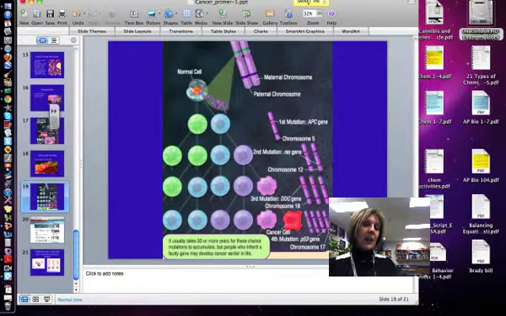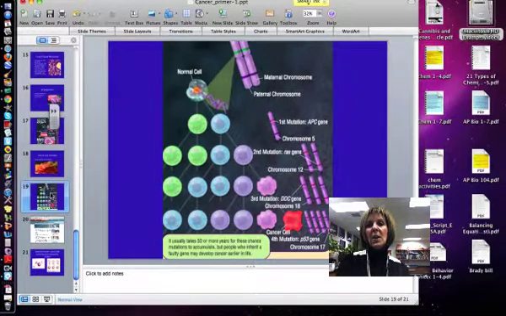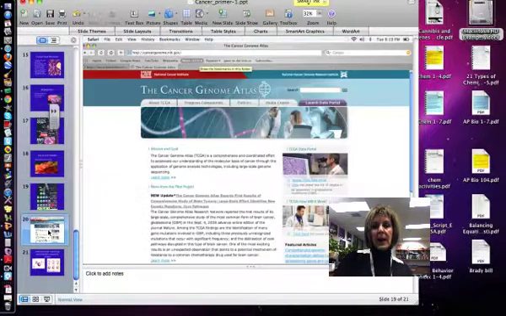And we know, for example, that in this particular type of cancer, it may take 50 or more years for these different mutations to accumulate and the start of cancer to begin.